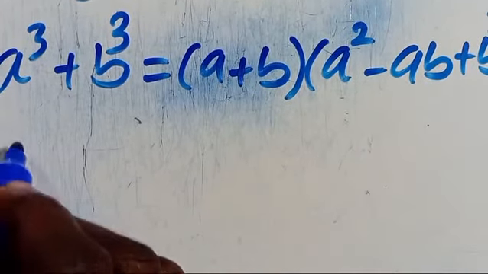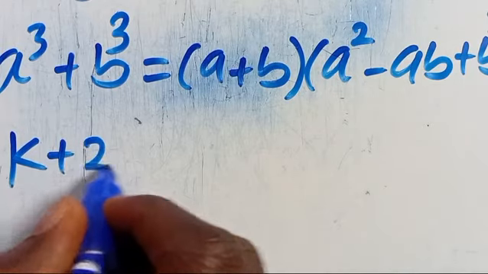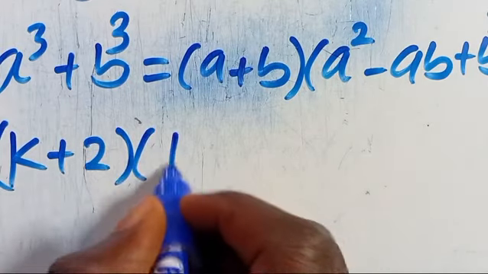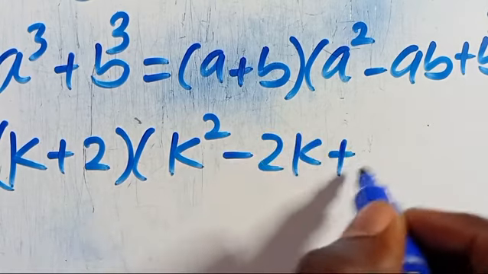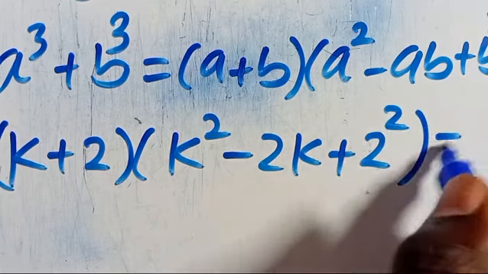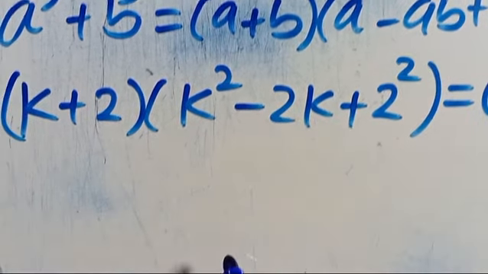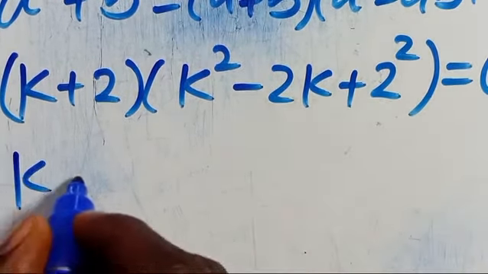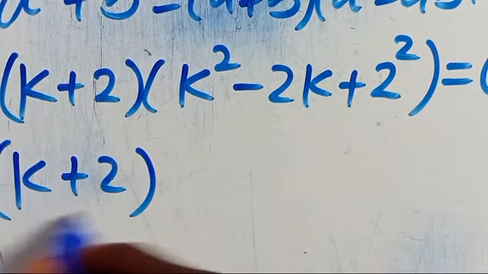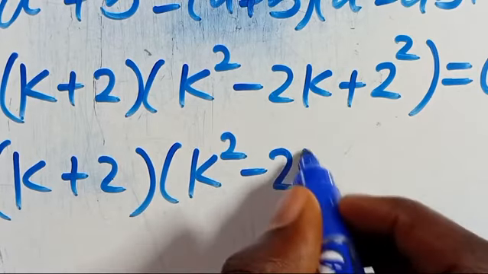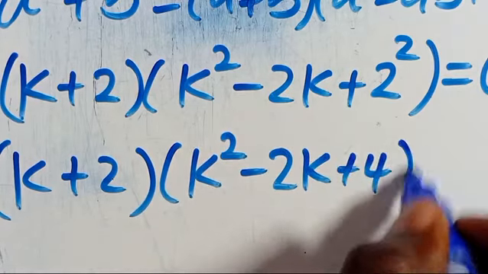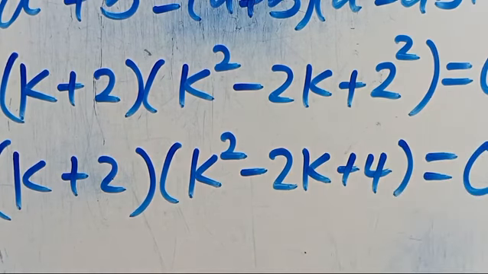So here we will have k plus 2 in parentheses multiplied by k square minus 2k plus 2 to the power of 2, which equals 0. K plus 2 multiplied by this will give us k square minus 2k plus 4 equals 0.